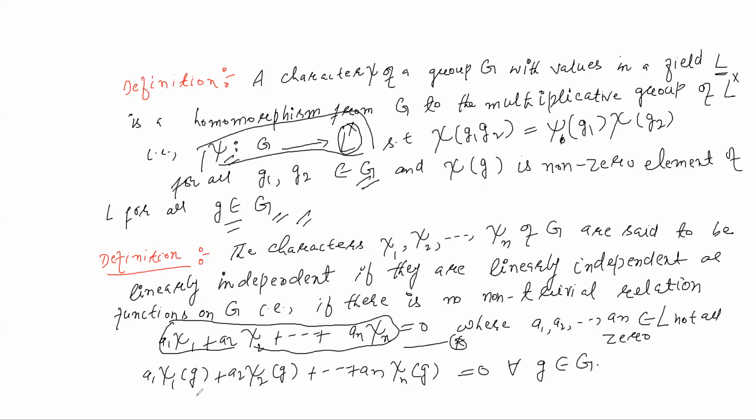So now we are going to prove that distinct characters of a group with values in a field are linearly independent. This is our claim in the next proposition, a theorem. So we have this theorem.